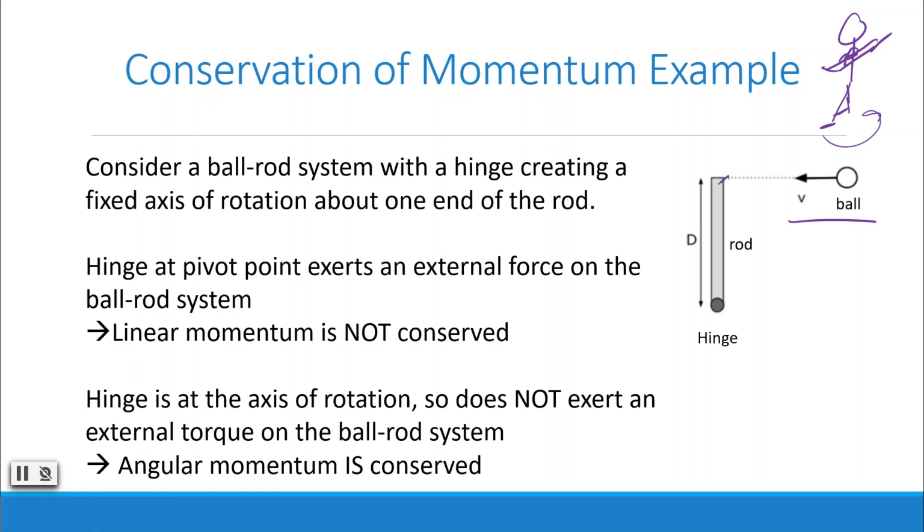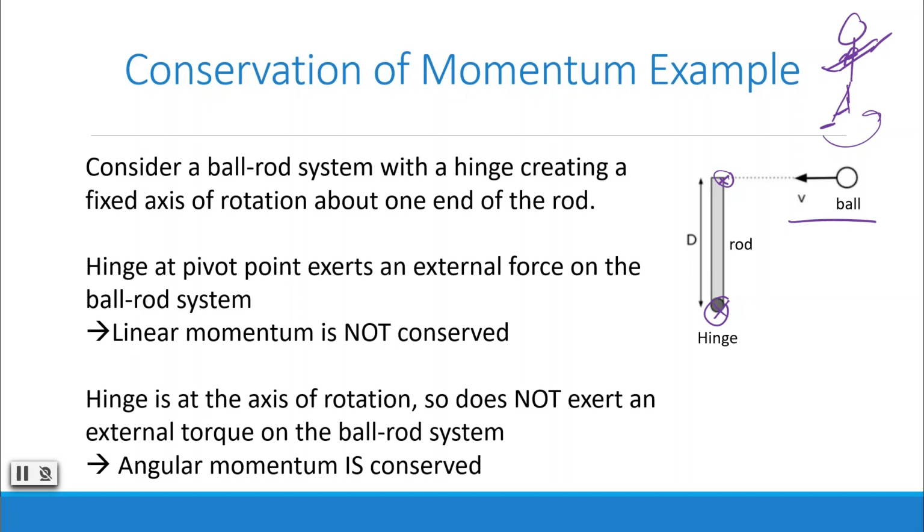It is going to collide with the rod at a distance away from the axis of rotation at the hinge. So that ball is going to create a torque that is internal to the system because I'm going to assume that my system is the ball-rod system. Now that rod is going to start to rotate. The ball is also going to change its linear motion.